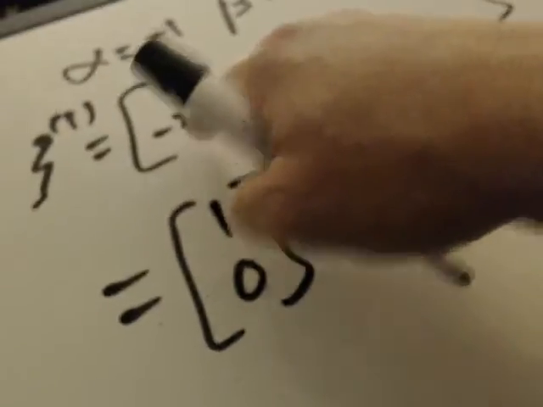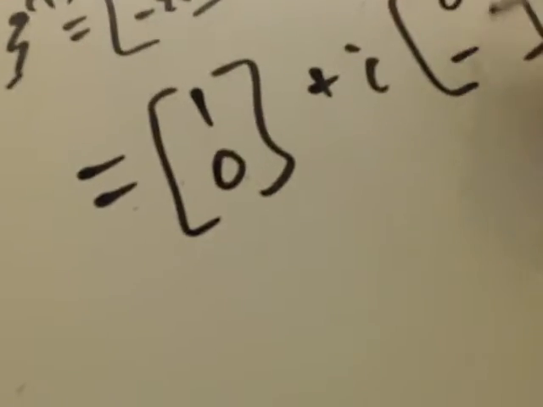Well, what did we have as a form? We said we wanted it in terms of a, so we have some real component plus i times b, which is some component here. Well, what's the real component here? We have a 1 and no real component down below, because we're going to add a real component. Here, we want the imaginary component, so we have a real component that goes to 0, and the imaginary is negative 2.